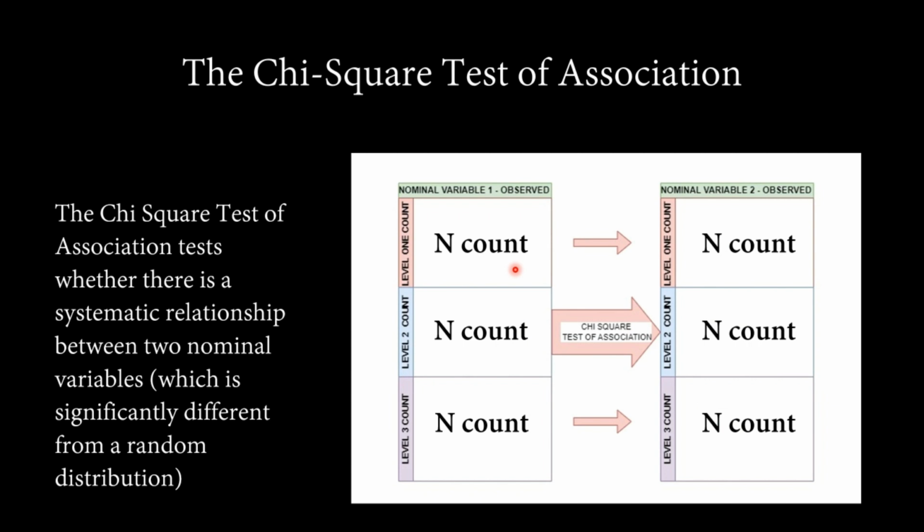In other words, when we say there's a significant association, what we're really saying is that there is some systematic relationship here which is above chance. In some ways, that's a low level of assurance, but it is an important level of assurance and very relevant to when you have nominal data.